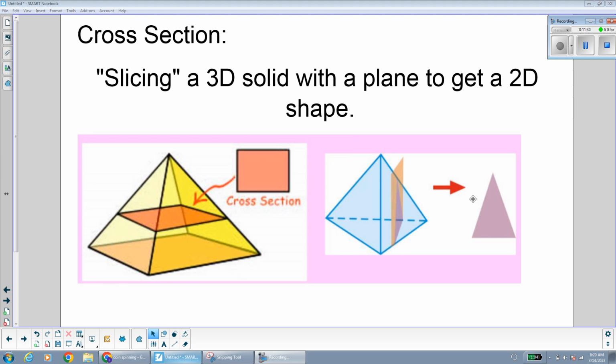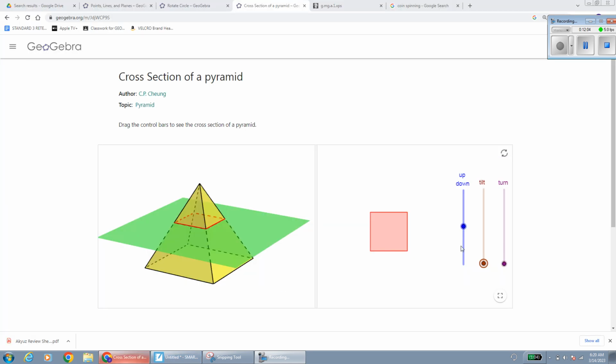a triangular cross section. So you can get different cross sections from the same 3D solid depending on the way that you slice it, whether horizontally, vertically, or in some completely different way. And over here, I have a pyramid pulled up, and we can see that if we slice it horizontally, we get a square or rectangle type shape.